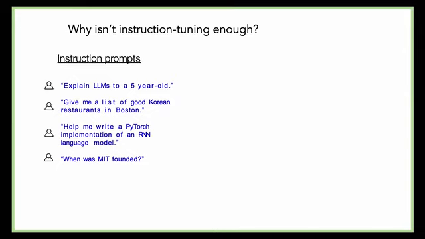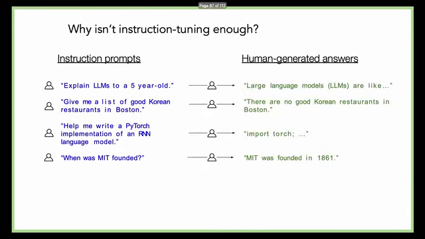OK, and is this all we need? Or is this the best thing that we can possibly do, knowing that we're going to live in a world where people are mostly interacting with these models by issuing instructions and asking them to do some sort of chain of thought reasoning? Consider the following set of instructions that a user might issue to one of these models.